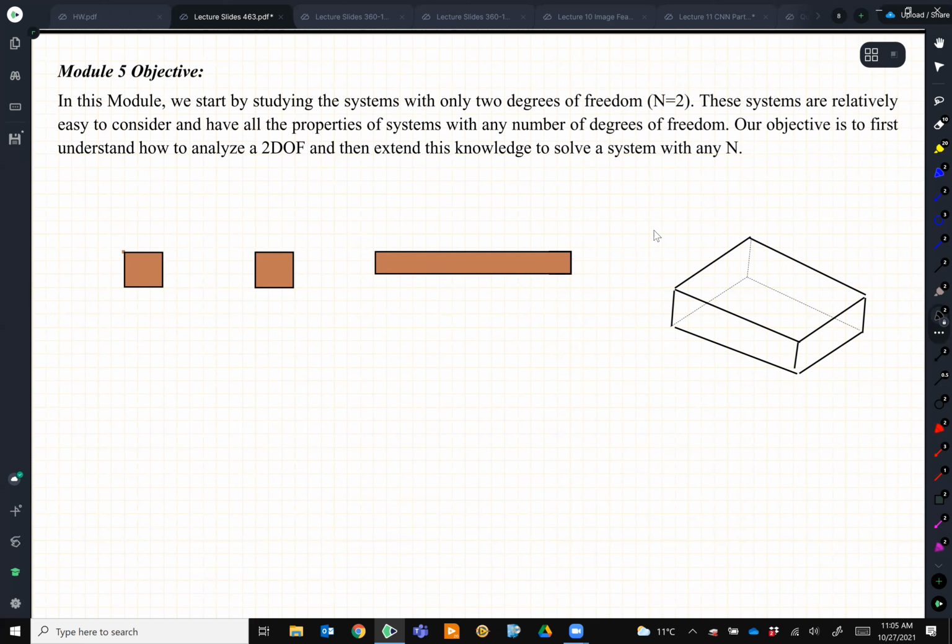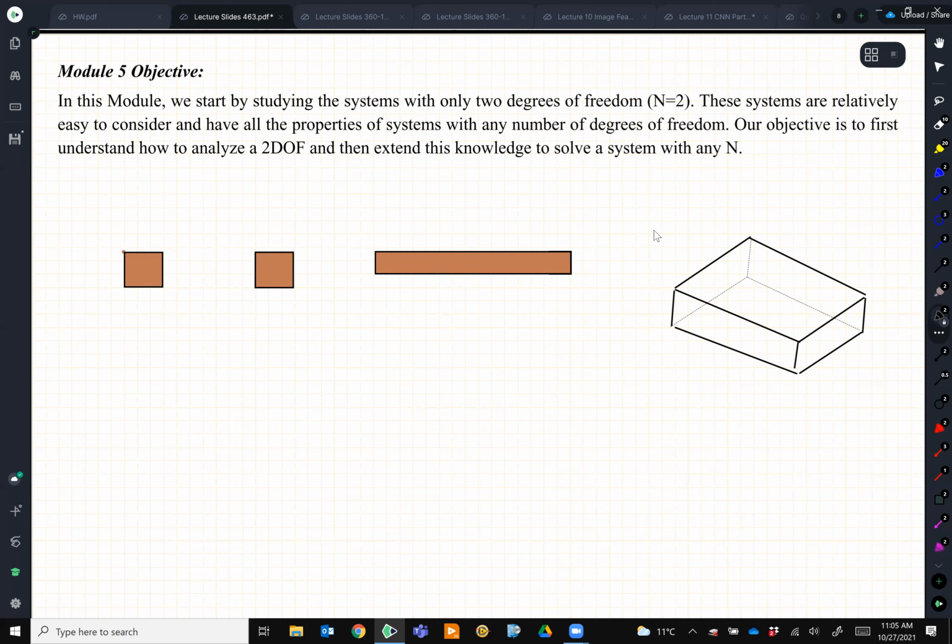Later in grad school, in the advanced version of vibration, it was the same. Half of the course was on single degree of freedom systems, then a lot of talking about 2 degree of freedom systems, then we switched to continuous systems.